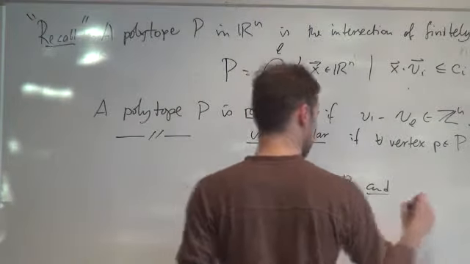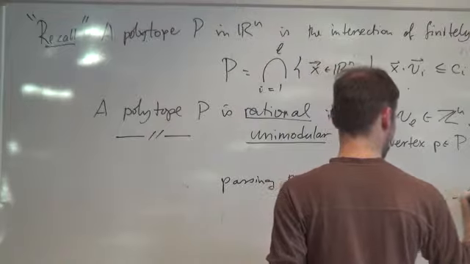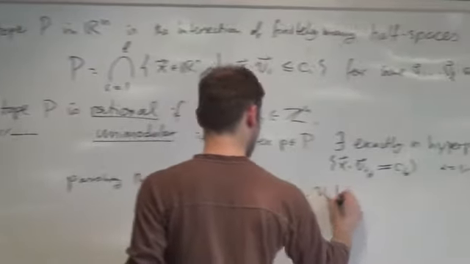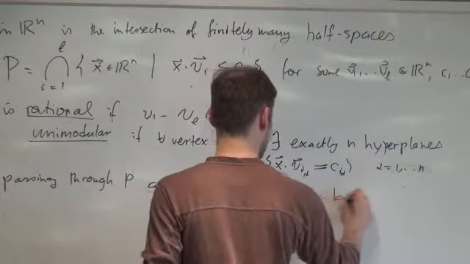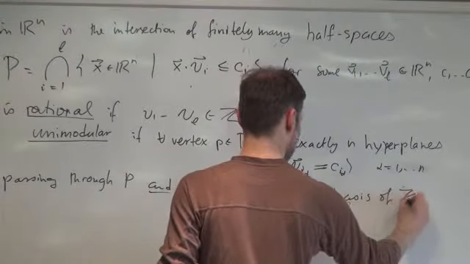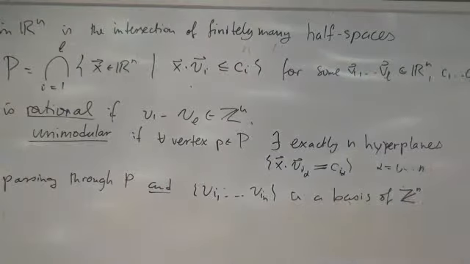And v_i1 through v_in is a basis of Z^n. Integral basis.